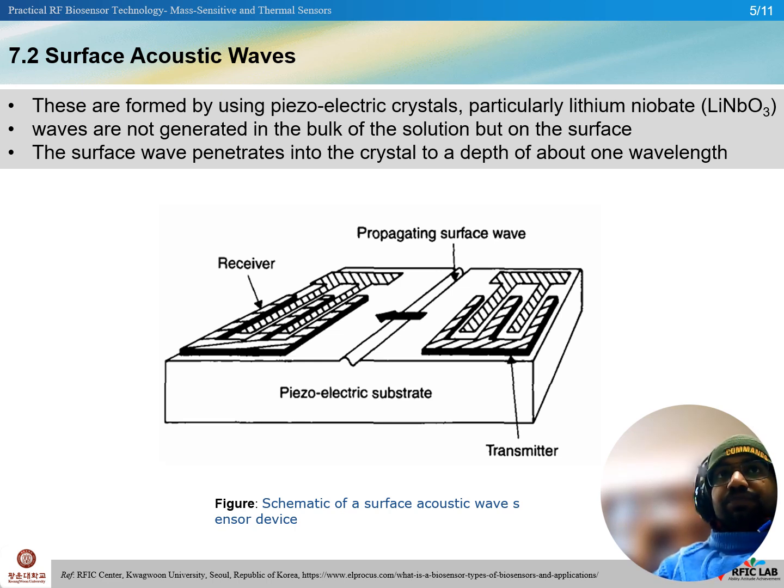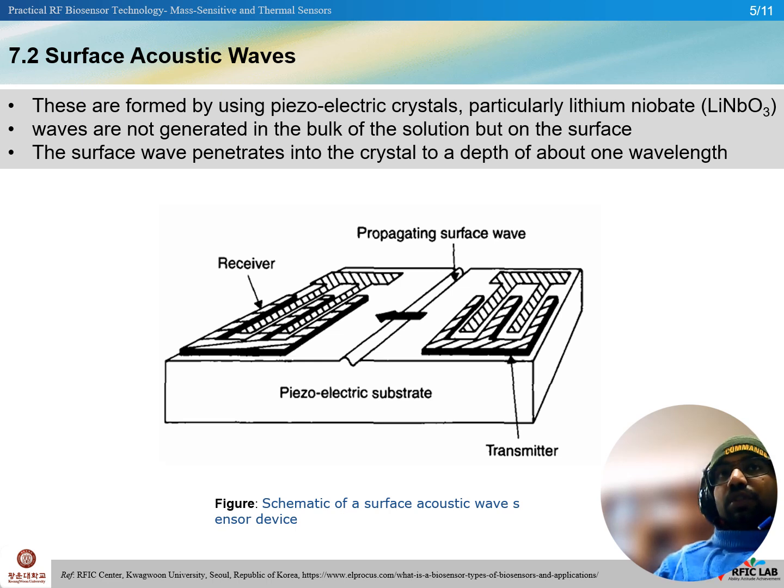Surface acoustic wave. These are formed by using piezoelectric crystal, particularly lithium niobate, and the waves are not generated in the bulk of the solution but on the surface. The surface wave penetrates into the crystal to a depth of about one wavelength.